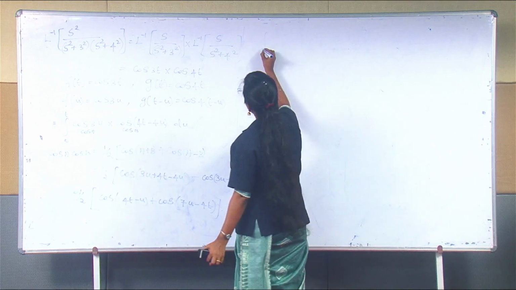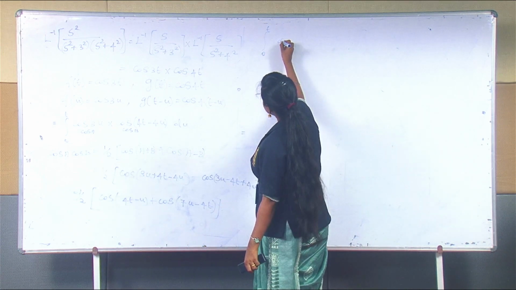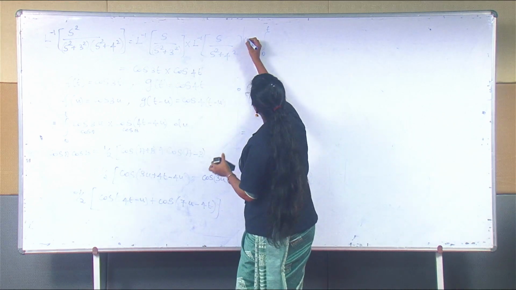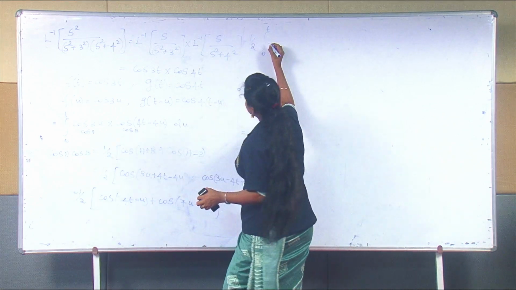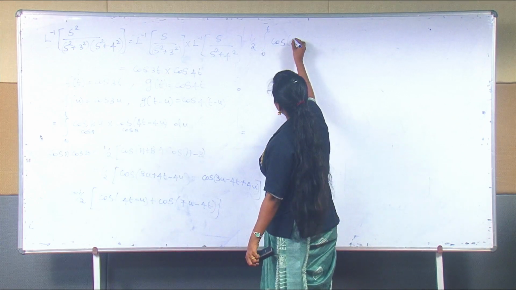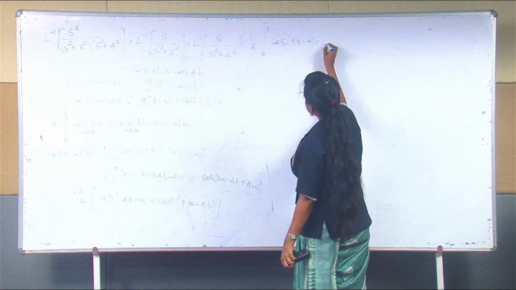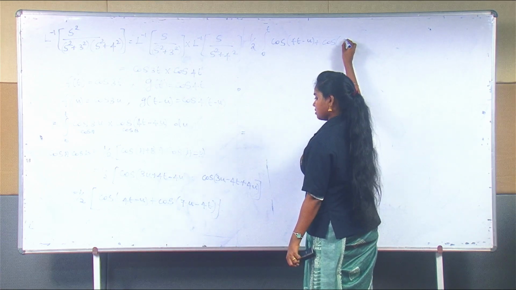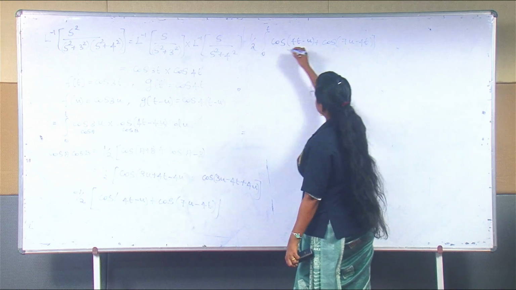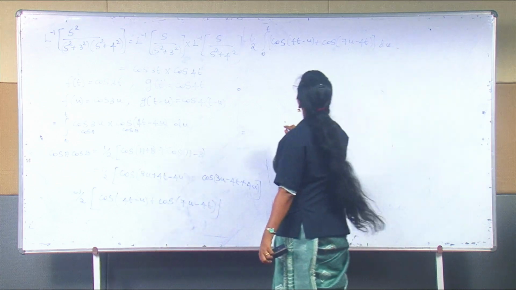Now we are going to integrate from 0 to t. 1 by 2 is a constant, 1 by 2 into cos of (4t minus u) plus cos of (7u minus 4t) du.